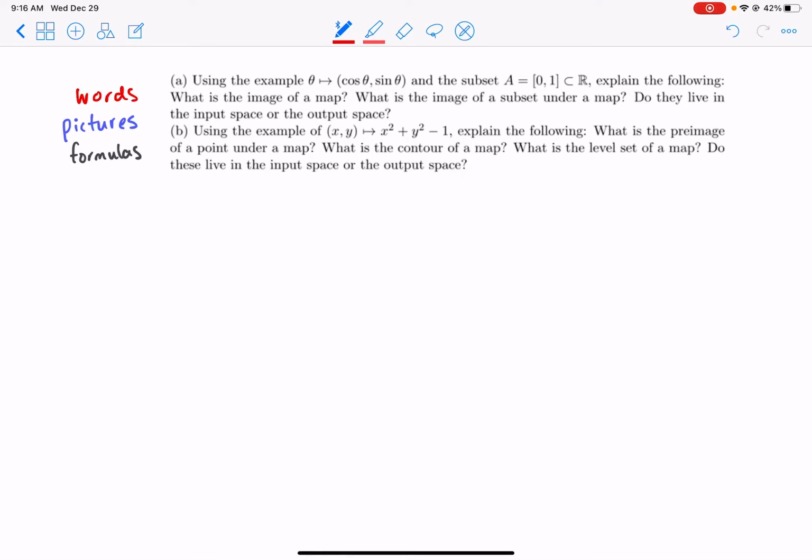Hi everybody. So using the example theta maps, this is a Greek letter called theta. We usually use it when we're thinking of an angle, but that's of course up to you. Using this map and the subset A, which is [0, 1], this is a notation that means all the numbers between 0 and 1.